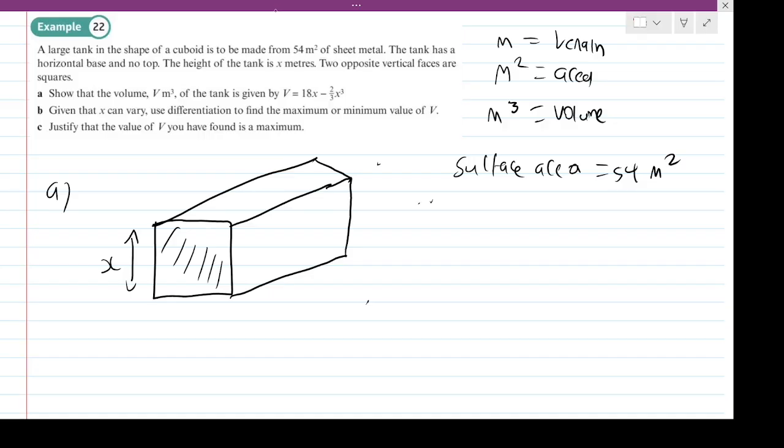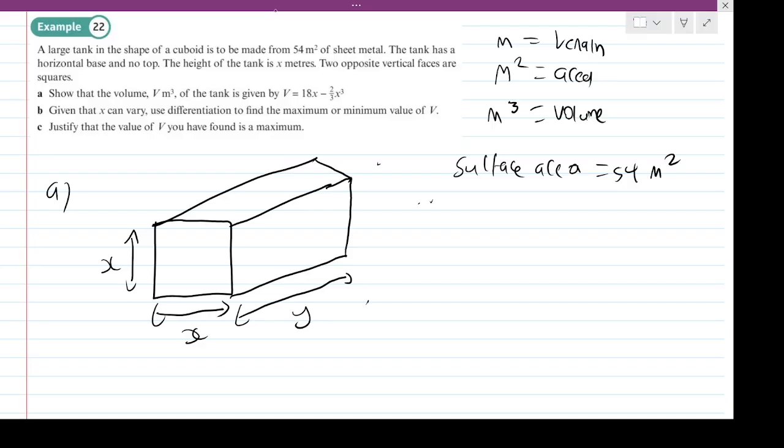Well actually if that's a square, then if this is x, then that also has to be x. All the sides are the same in a square. So that leaves me with this measurement here, how far along it is, which is y. I don't know what it is, so I'll just call it y.